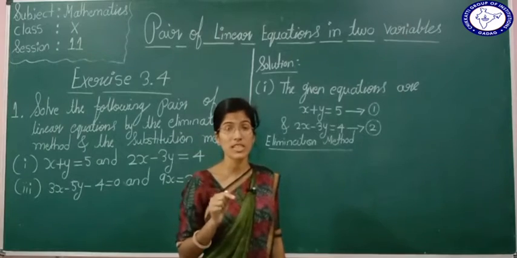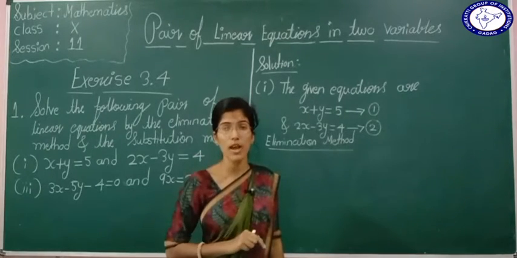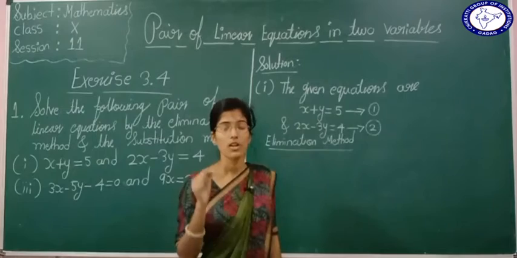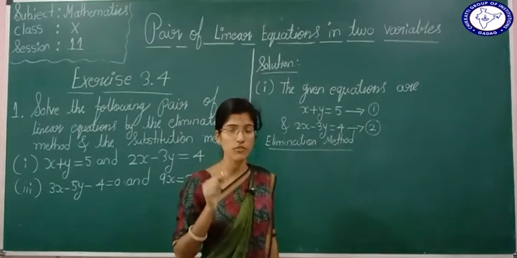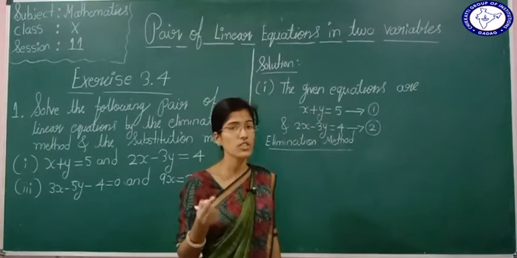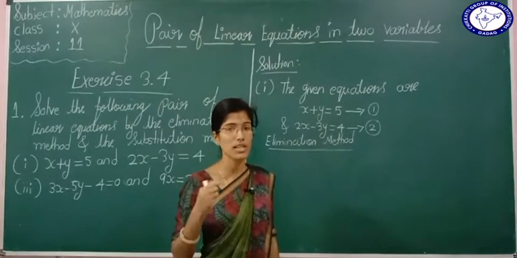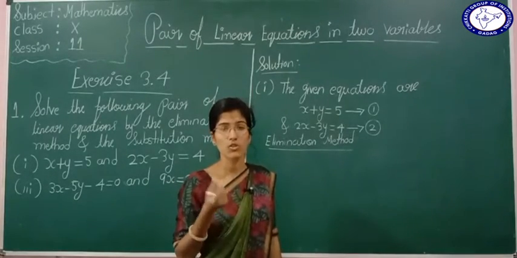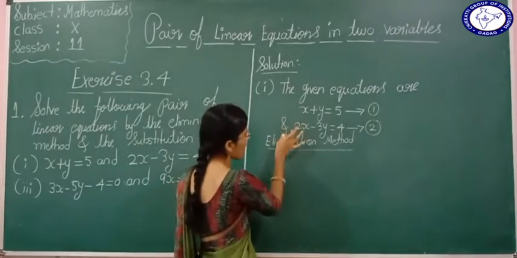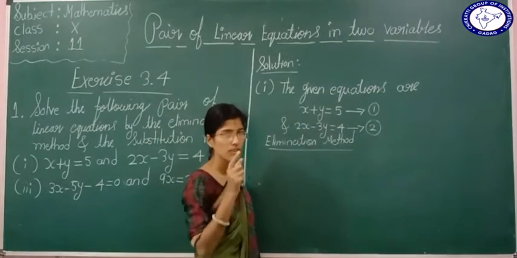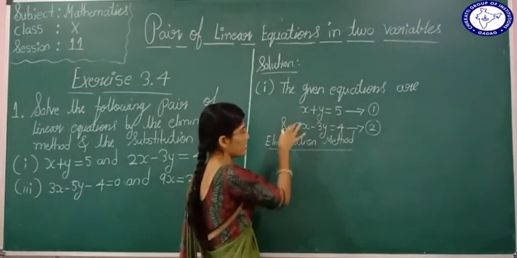First you have to decide which variable you want to eliminate, whether x or y. Next step, to eliminate x or y, you have to see whether the coefficients are the same. If the coefficients are not the same, you have to multiply by some non-zero number. Now I will eliminate x here.